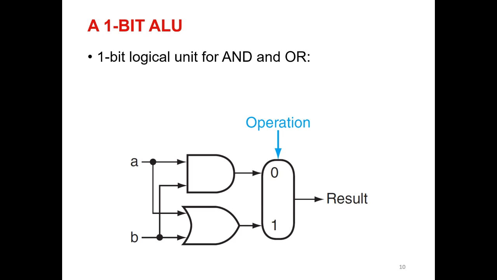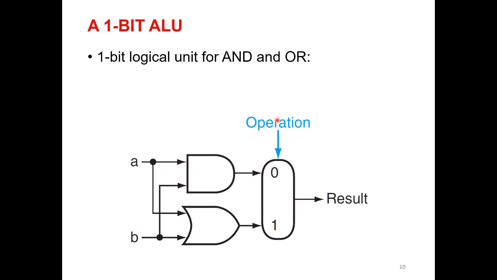So let's start then. Here, for instance, we have an arithmetic logic unit which only performs AND and OR. Here we have an AND gate, here we have an OR gate, and this multiplexer is going to select: I want to do the AND, in that case I will follow this path here, or I want to do the OR, in that case I will follow this path here.